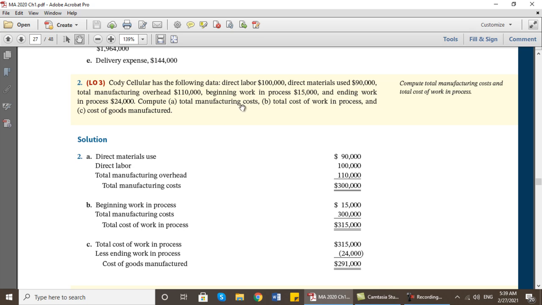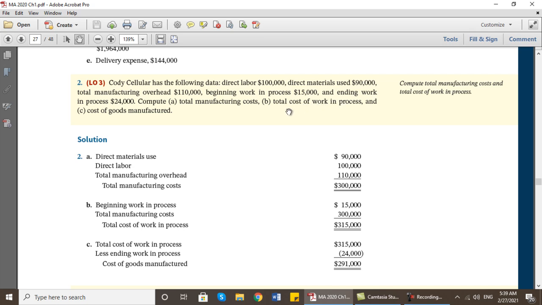Total manufacturing cost, as you know, total manufacturing cost consists from 3 things: direct material used, direct labor, plus total manufacturing overhead. B. Total cost of work in process.